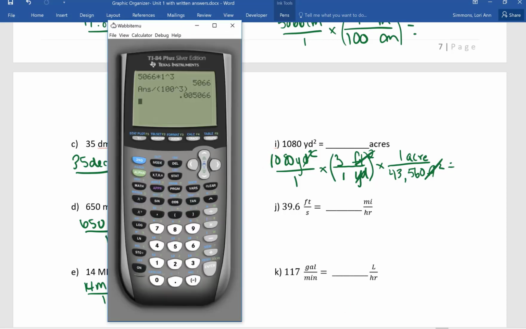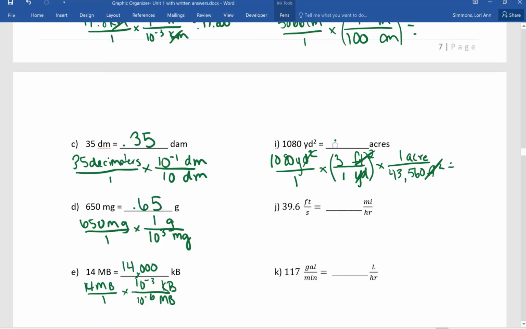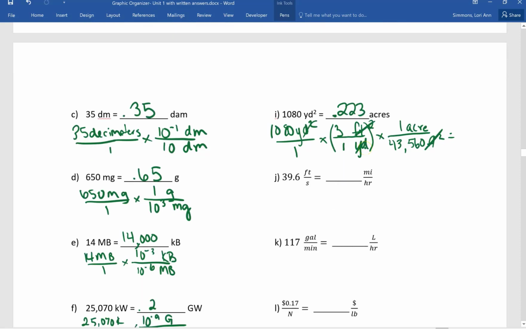We can put this in our calculator. 1,080 times 3 squared, all divided by 43,560, gives us 0.223 acres. We have 3 significant digits and we need to end with 3 significant digits. So that is why the answer is 0.223.